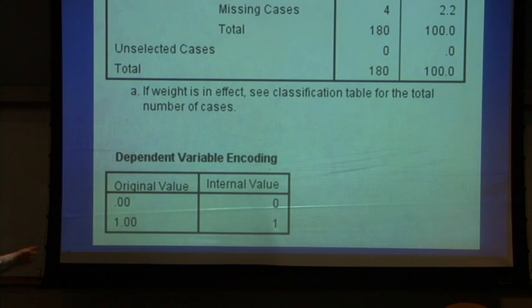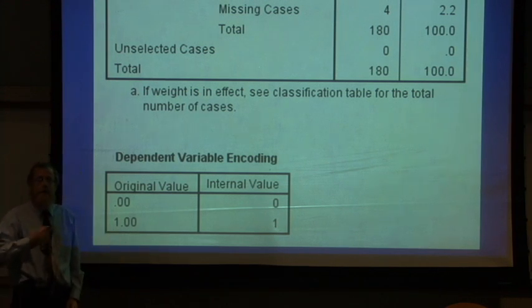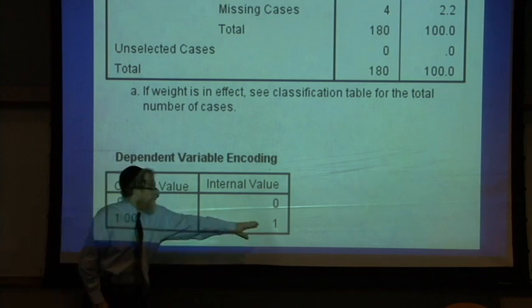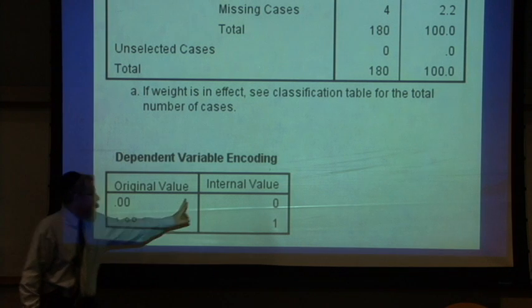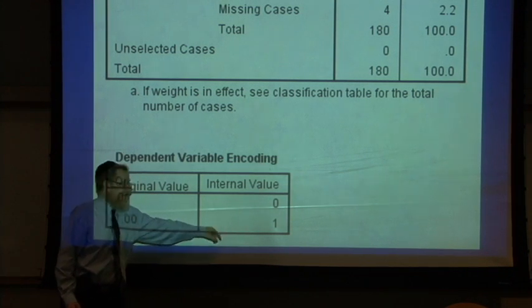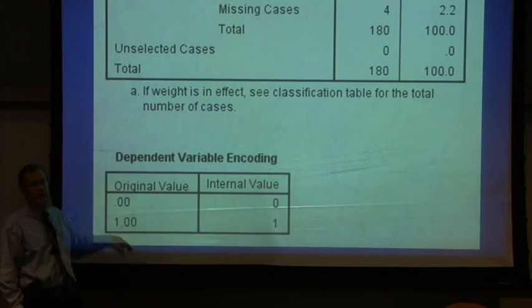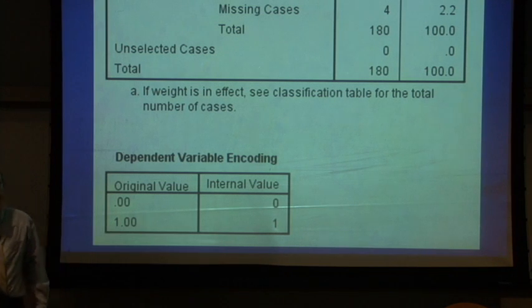The reason why you look at it is the odds you get are the odds of a 1 for your outcome variable. You want to make sure what it considers a 1 in doing the analysis is the same as what you considered to be the 1. I have had cases like a student I met with recently, and the odds ratios she was getting were all going the wrong way. Things that people who were supposed to be at higher risk seemed to have lower risk.